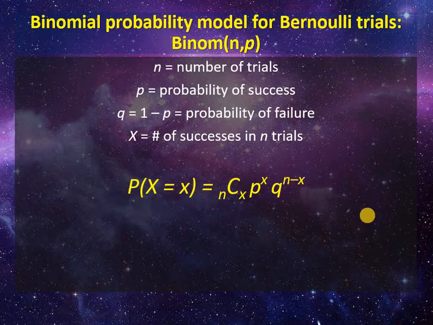Together, you have a total of N trials: X successes, the others failures. And that NCX just says, hey, all the different ways that those specific combinations can be made.